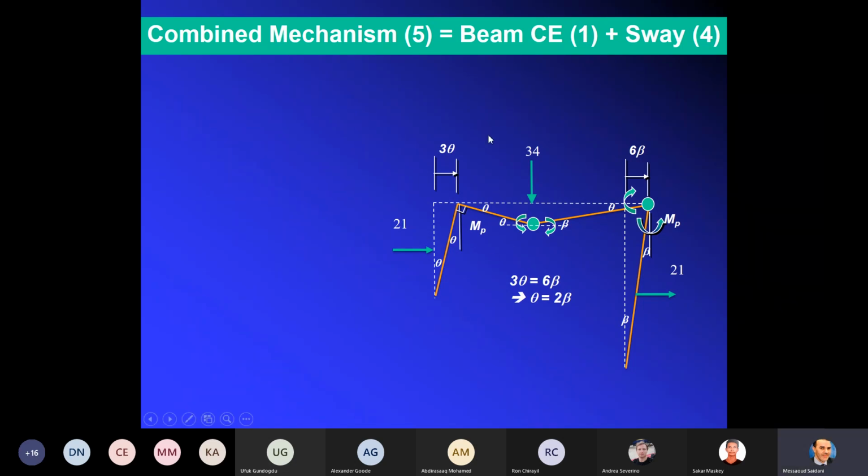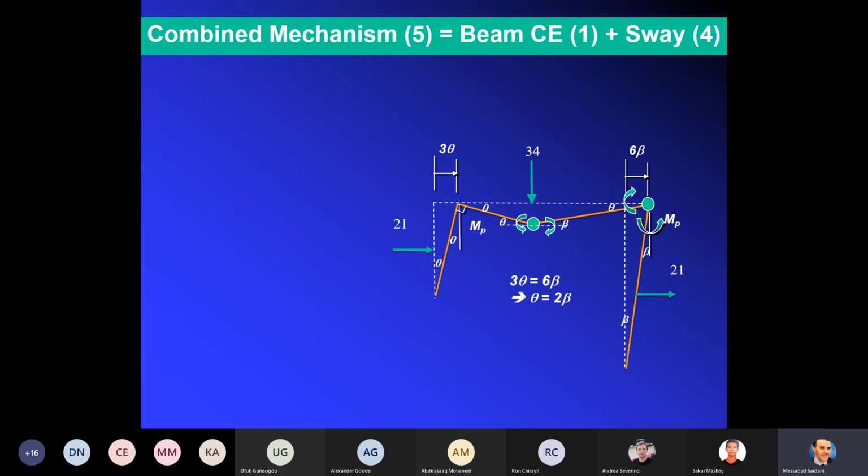For compatibility, we have the same displacement, 3 theta and 6 beta. They are equal, so we can find the relationship between the angles. So 3 theta, the displacement here, is equal to 6 beta, the displacement there, and therefore theta will be equal to 2 beta, right?